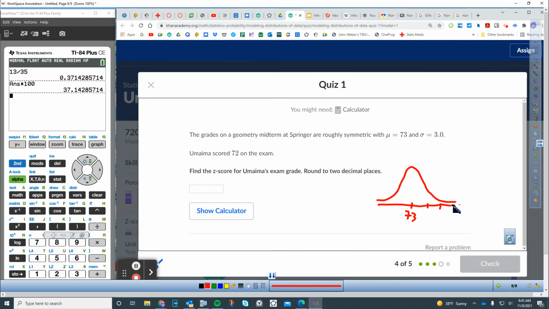So typically it's 3 standard deviations to the right and 3 standard deviations to the left. And if the standard deviation is 3, the next one standard deviation over should be 76, one standard deviation which is 79, one standard deviation will be 82. So one standard deviation less, this will be 70, one standard deviation less, 67, one standard deviation less, 64, right? So roughly this is how it's going to look.